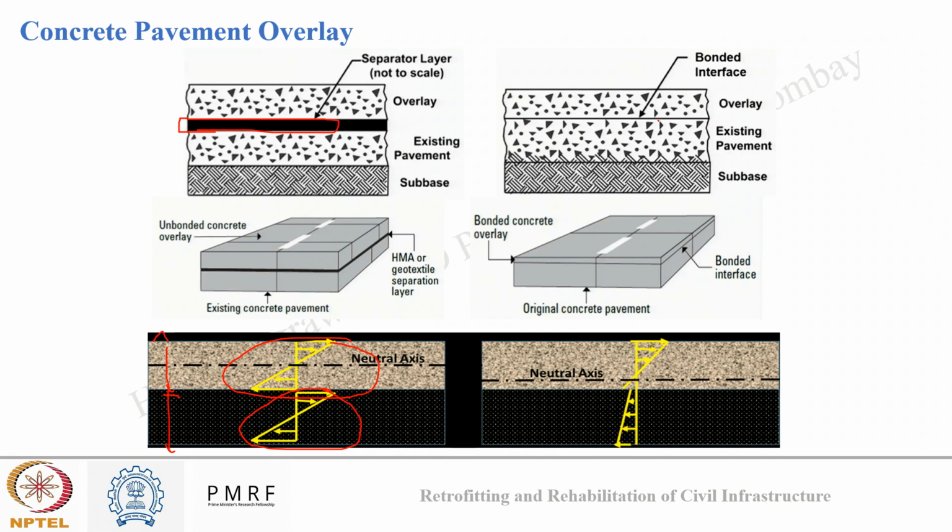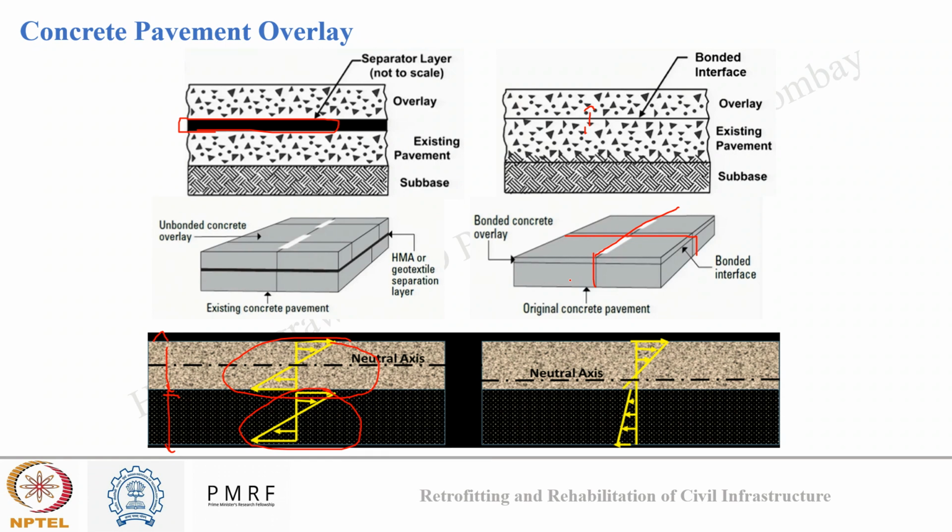While in a bonded overlay, the overlay concrete is perfectly bonded with the existing pavement, along with synchronicity along the joints. Here you can see the transverse joints and longitudinal joints are also overlapping each other, which is an important part of concrete pavement, so that it has a bonded interface.